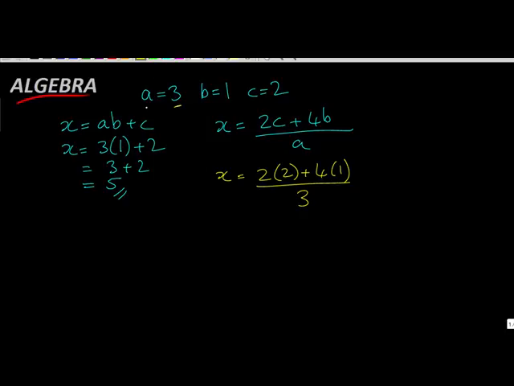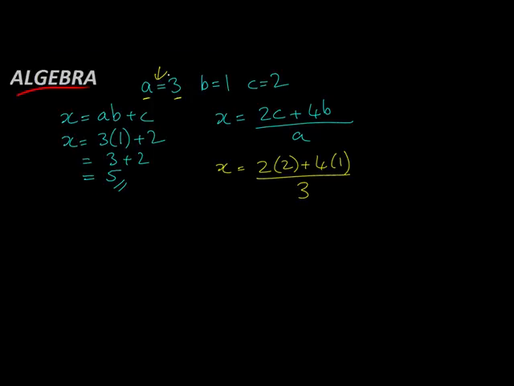We can write 3 in place of a. I think that's kind of important because these two things are absolutely identical, and there's no difference between them. So to work this out, work at the top. 2 times 2 is 4, plus 4 times 1 is 4, divided by 3.